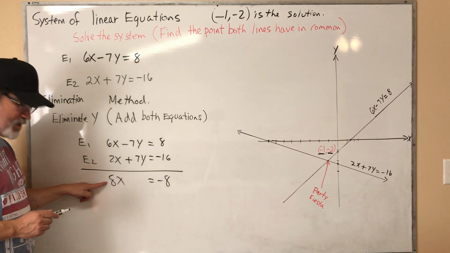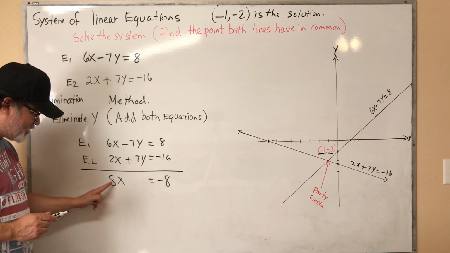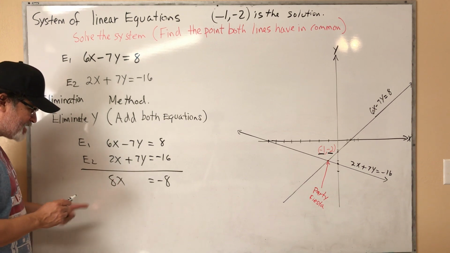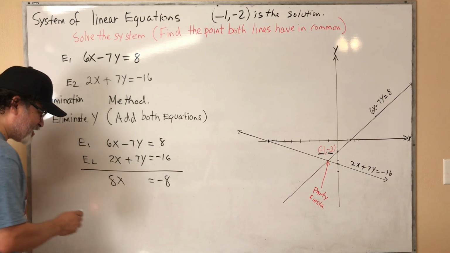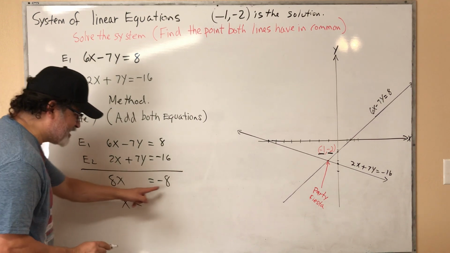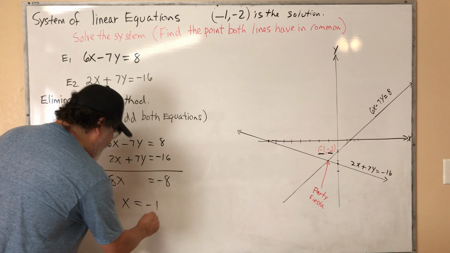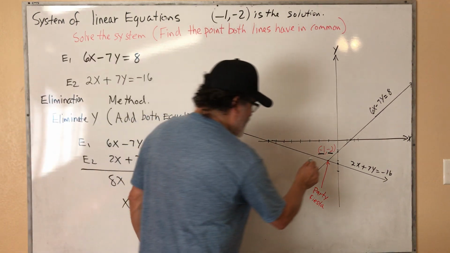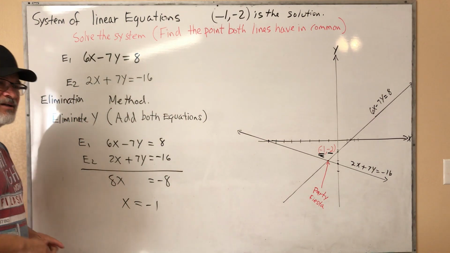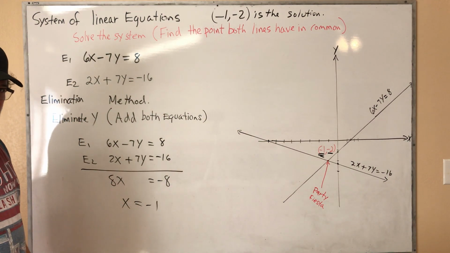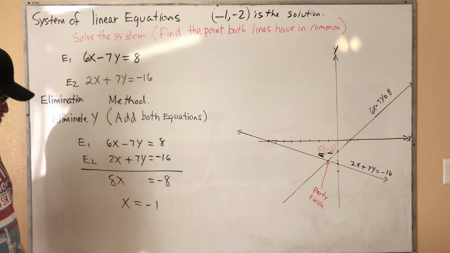Look at this beauty. 8x equals negative 8. Divide both sides by 8. Divide this by 8, you get x. Divide this by 8 and you get negative 1. And yay, we got the first value of the solution.